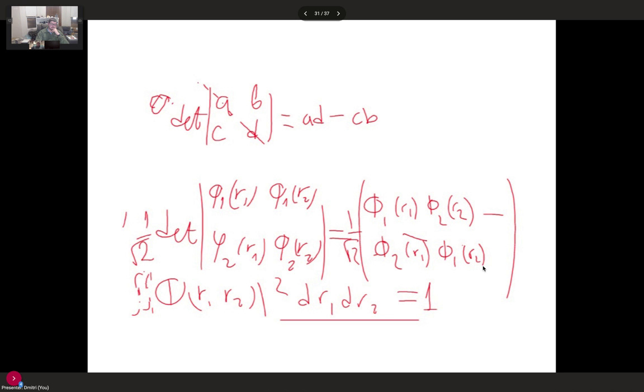So the suggestion of Slater was to compose a matrix of all independent wave functions of single electron along different rows and use electrons, like all electrons labeled independently, as index of a column, and then find a determinant.